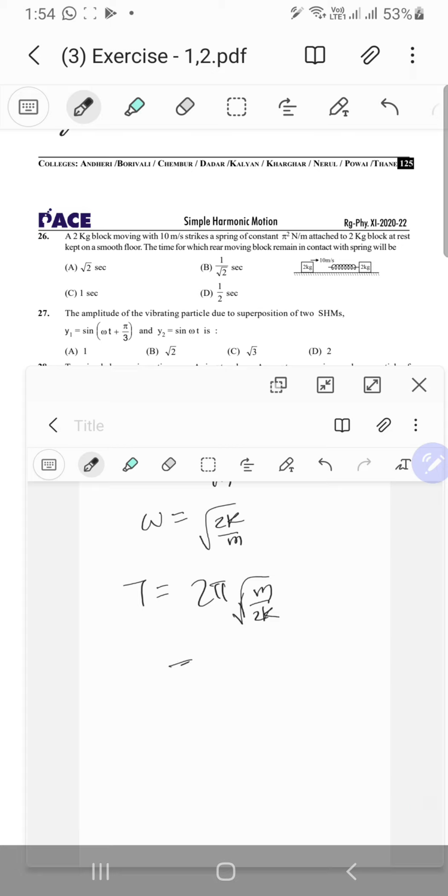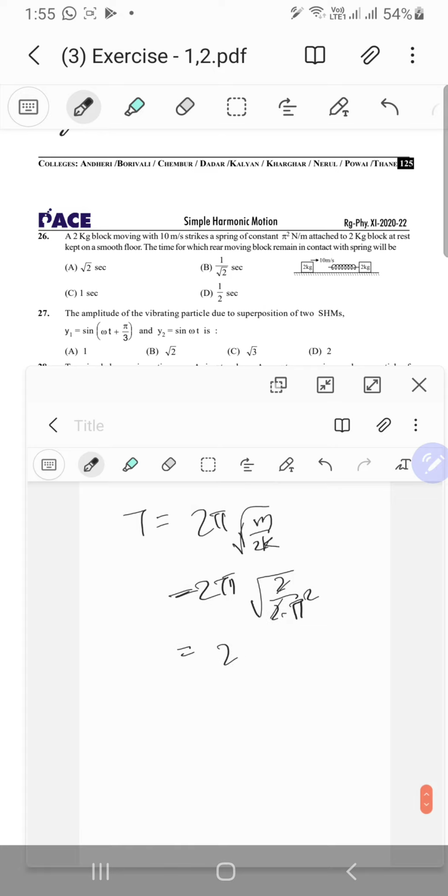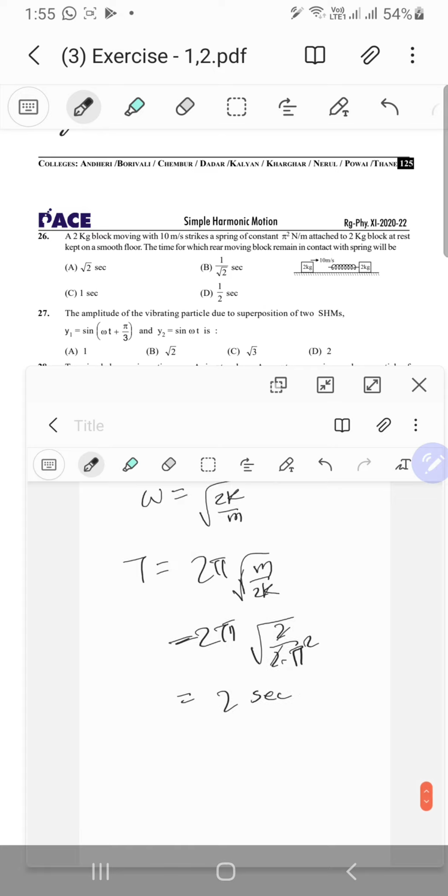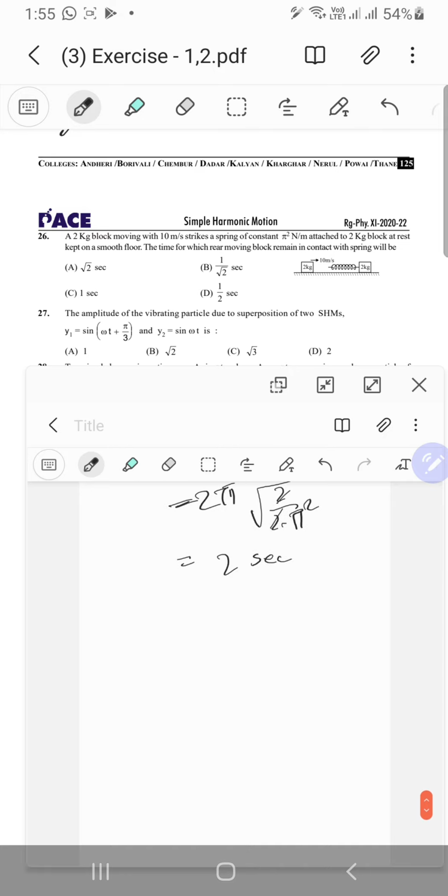Now what? So 2 pi square root of, the mass is 2 kg. This thing is pi squared, so it just becomes 2 seconds. So the SHM is 2 seconds.